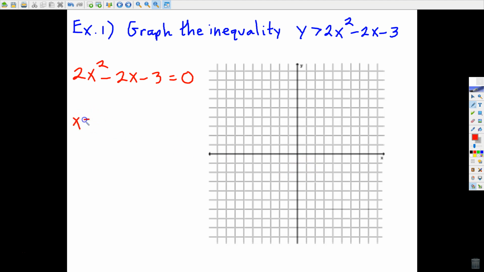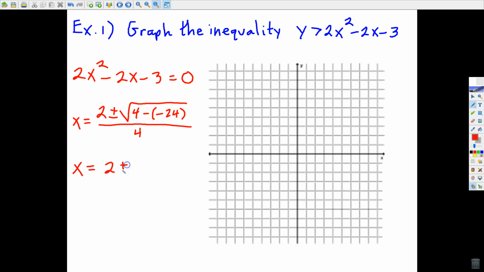So let's just plug into the quadratic formula. Opposite of b plus minus square root of b squared minus 4 times 2, which is 8. 8 times negative 3 is negative 24. And all of this is going to go over 2 times 2, which is 4.